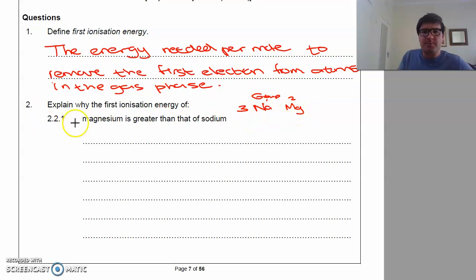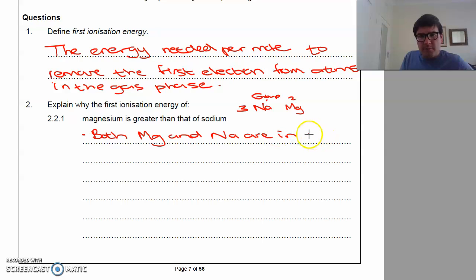Okay, so they make it clear that magnesium has a greater first ionization energy than that of sodium. Now what can that be? Okay, so the reason will be: both magnesium and sodium are in period 3.